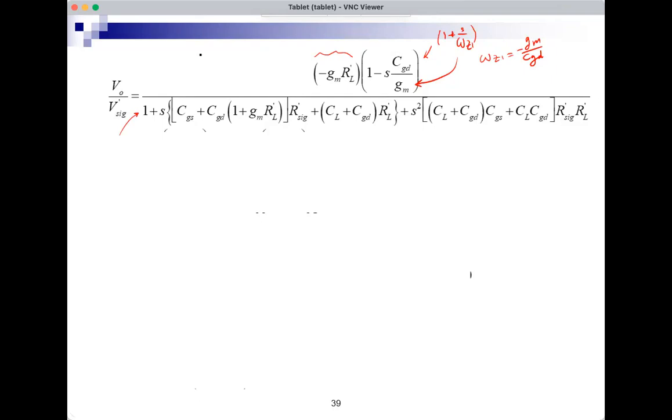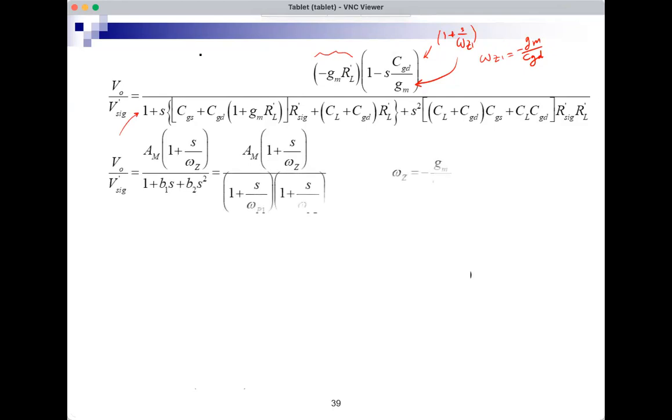But even that is actually just a 1 plus a quantity, all of this, times S. I will call this B1. So B1 times S, plus another quantity times S squared, and I will call this B2.